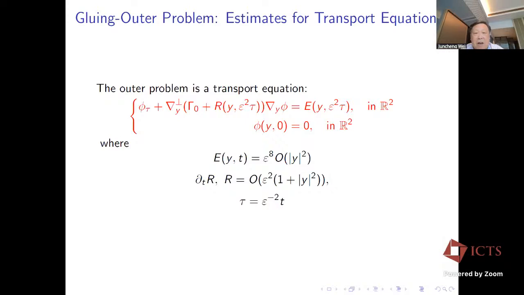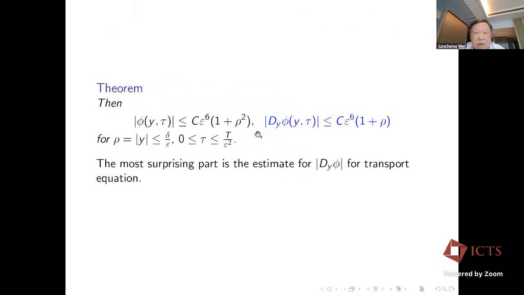This is the equation for the outer problem. For the outer problem, using the transport equation, we show that we can get a better, like C1, control for phi.